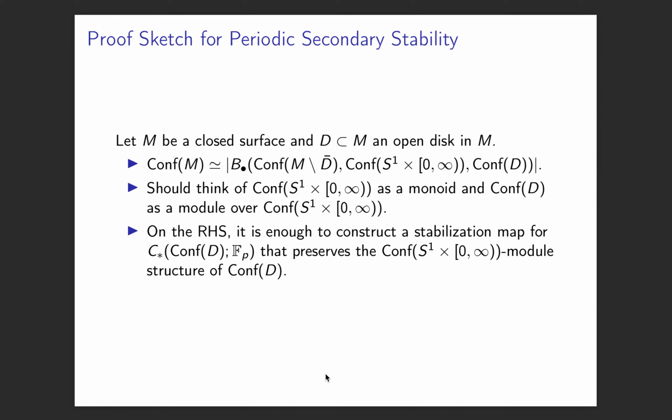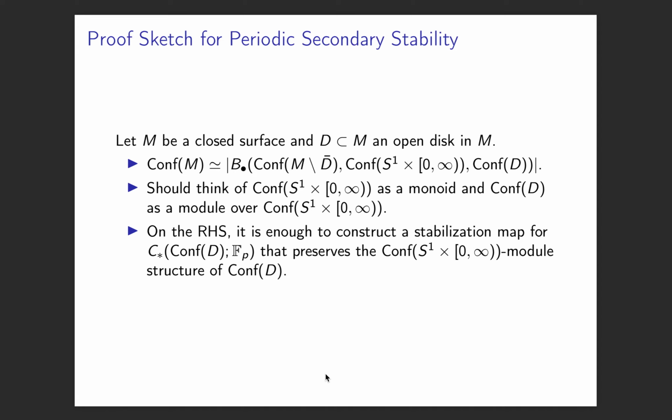And on the right-hand side, basically the way you make the proof work is you just have to reduce to producing a stabilization map for chains on the configuration space on the disk. And here I mean configurations with FP coefficients.